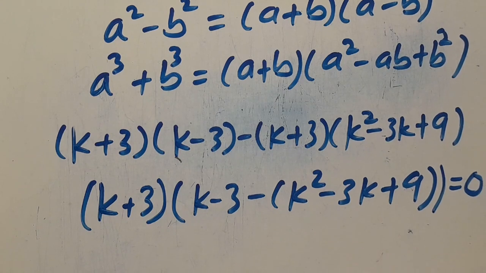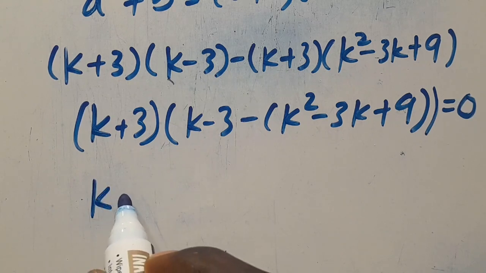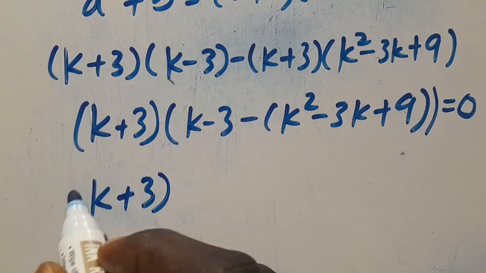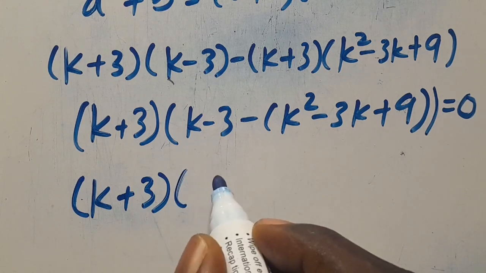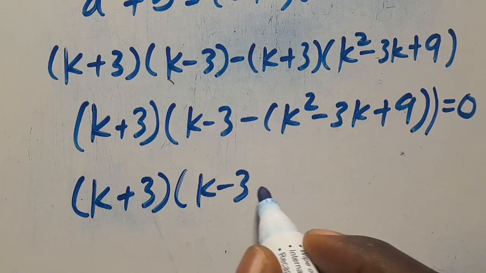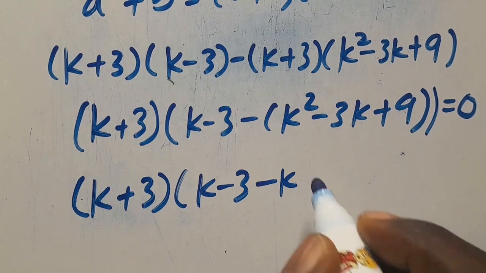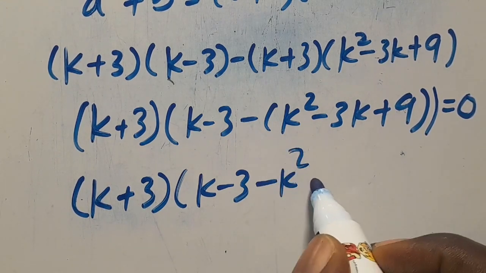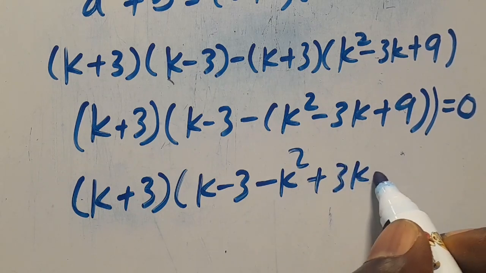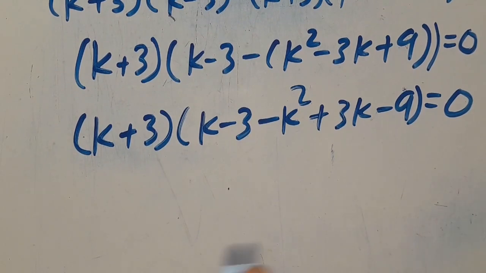Then everything equals 0. So from here, we have k plus 3, all in parentheses, again here will be k minus 3. When you open the bracket with minus, here will be minus k squared, here will be plus 3k minus 9. We close it, everything equals 0.